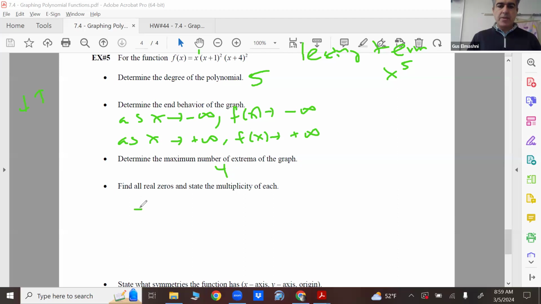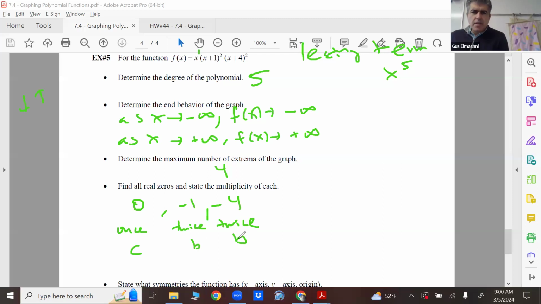Your zeros are 0, -1, and -4. That's going to be once, twice, and twice. So that's a cross, bounce, bounce. Now we know this.